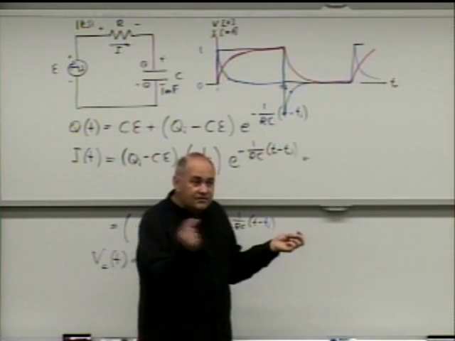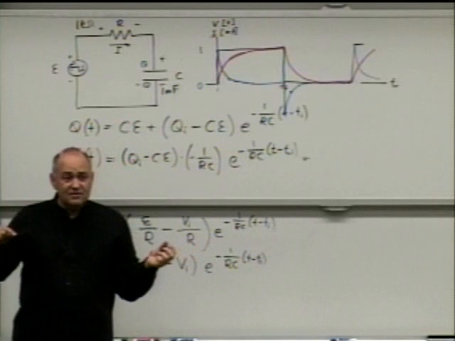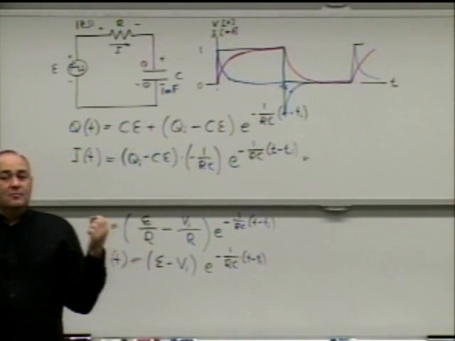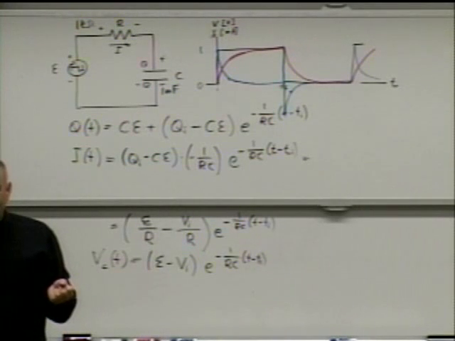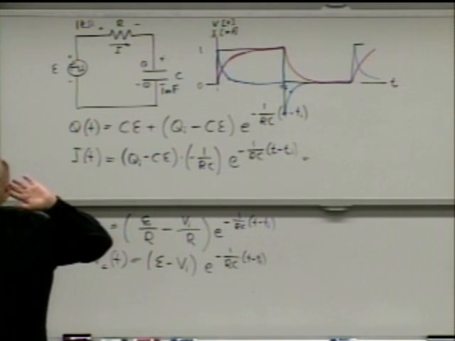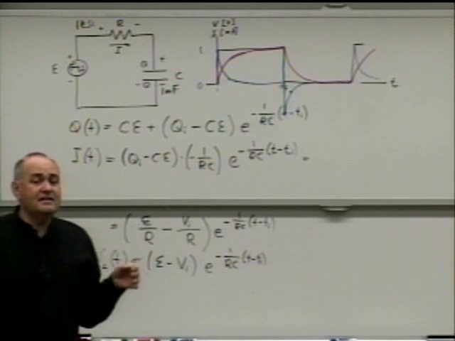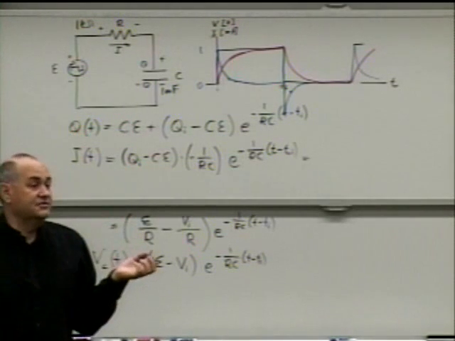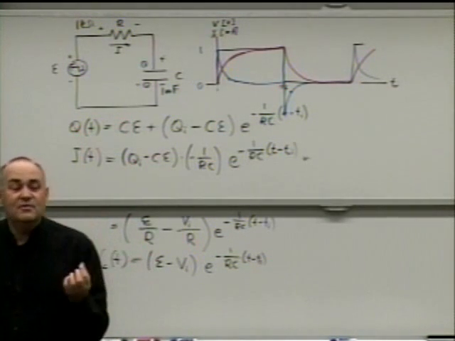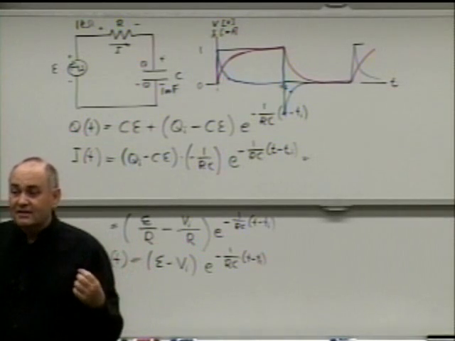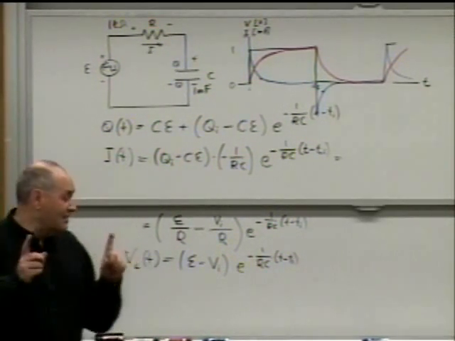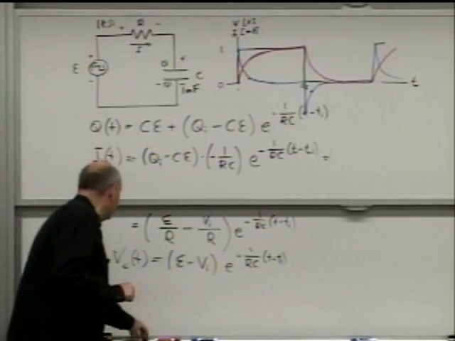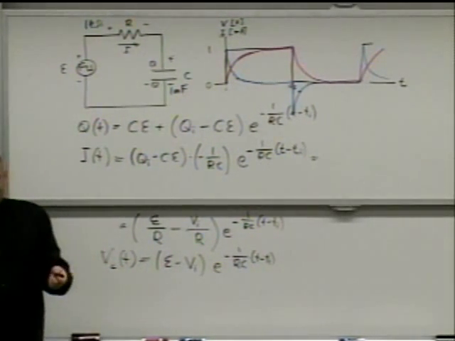If from electromotive force I subtract potential difference across the capacitor, what am I going to get? Definitely not current, because the answer will be in volts. Electromotive force is measured in volts, and voltage across the capacitor is measured in volts. Well, think about what electromotive force actually is.